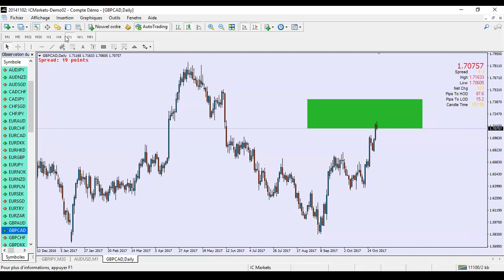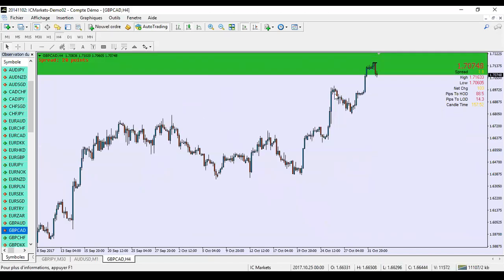When you go back to the 4-hour chart, just check that. You see the latest waves? There are three waves: 1, 2, 3. You can count them clearly. You remember what I told you about the bulk of the candles?